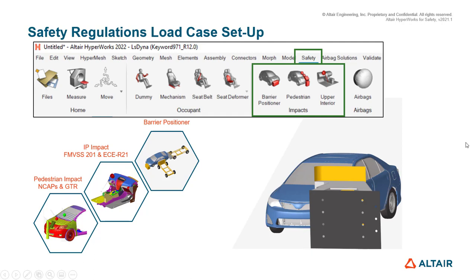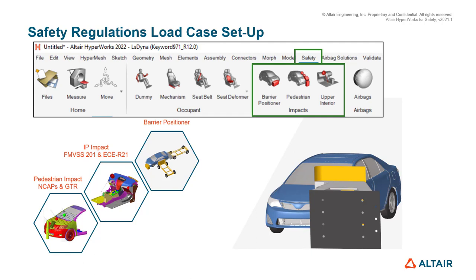Let's move to safety regulation load case setup, and this tool allows the user to position the barrier. How you can access it is you just have to go to the safety tab again. Along with occupant, you will see impacts here, impactors. And in those impactors, you have barrier positioner, you have pedestrian tool, and upper interior tool.